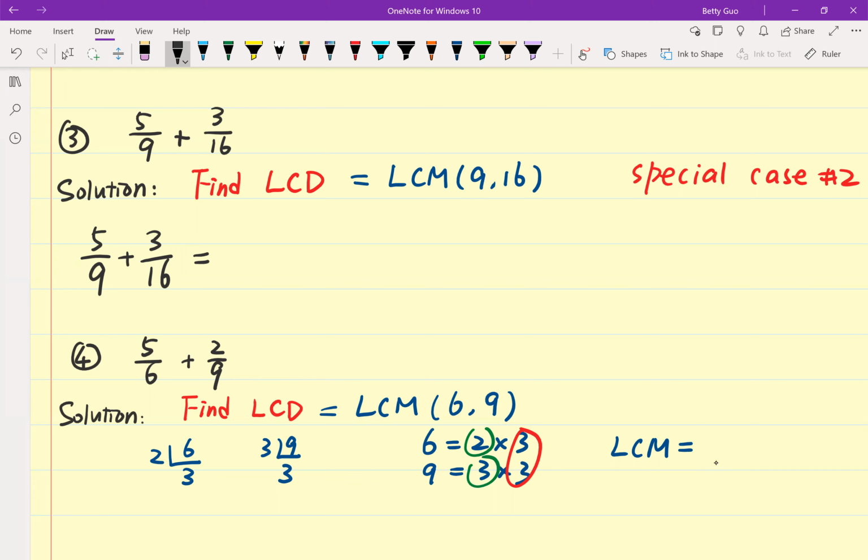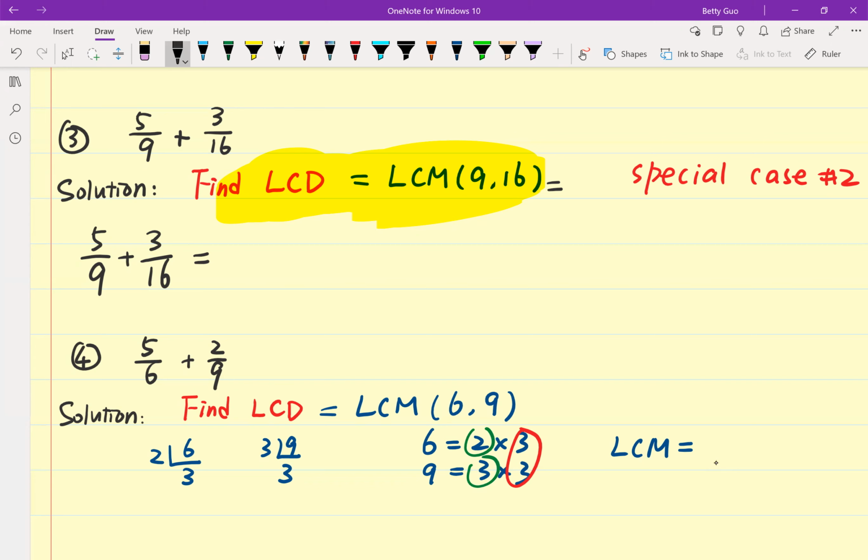Of course not, right? One is 9, the other is 16. So of course, we need to find the least common denominator. The least common denominator is the least common multiple of the two denominators. You figure out what's the least common multiple of 9 and 16.